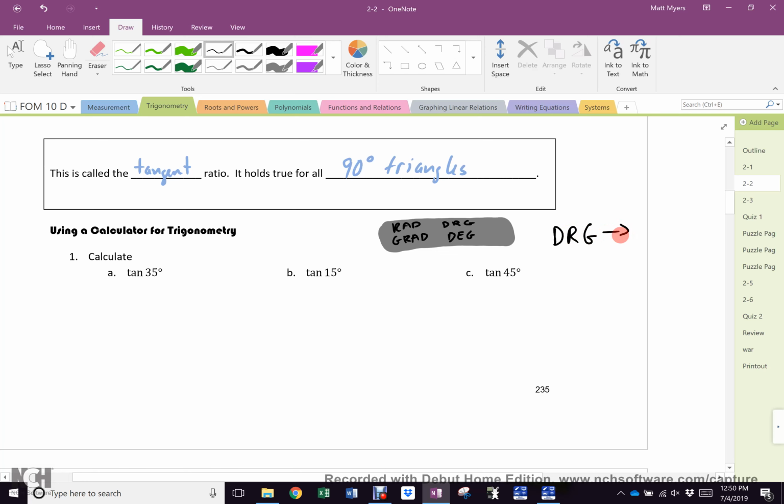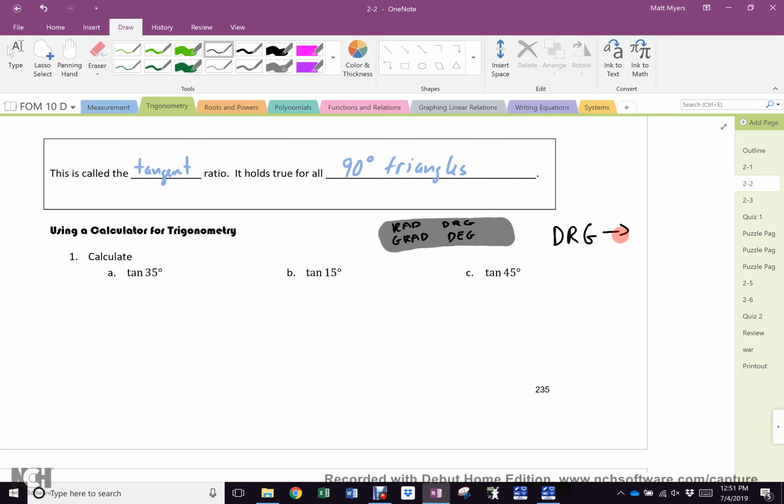Push that button until your calculator says D or DEG. Did yours work, Pavneet? Excellent. Did yours work, Damon? Or whoever else had their hand up back there, because I can only see hands. On the screen, it should say D or DEG.